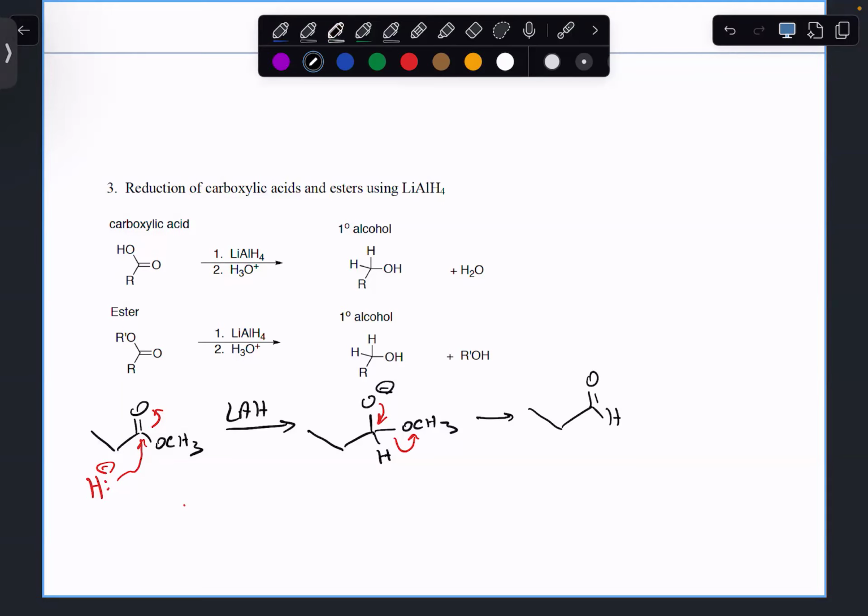Now, as you just saw in the previous example, there is no way you can isolate an aldehyde in the presence of LAH. LAH reduces aldehydes very, very easily. And so this happens one more time. H minus will add to this.